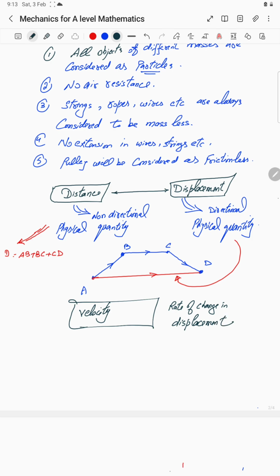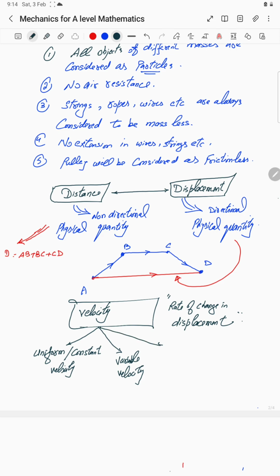And along with velocity, we have so many types of it. Number one, it can be called uniform, that means constant velocity. It can be variable velocity.